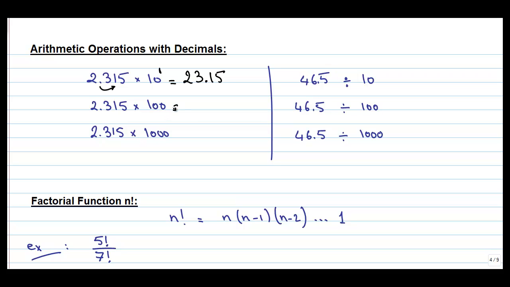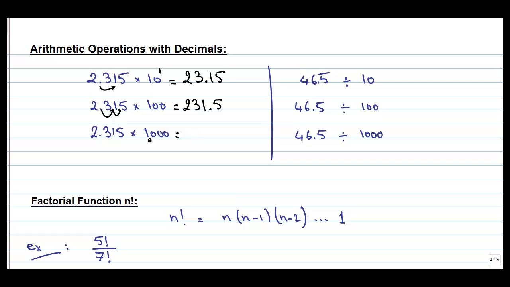If you multiply the same decimal number by 100, here we have 2 zeros, so I think you're going to guess it correctly. You move the decimal point 2 places, 1, 2, because we have 2 zeros. So it will be 231.5.